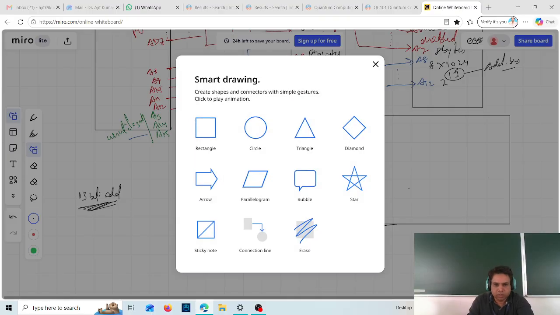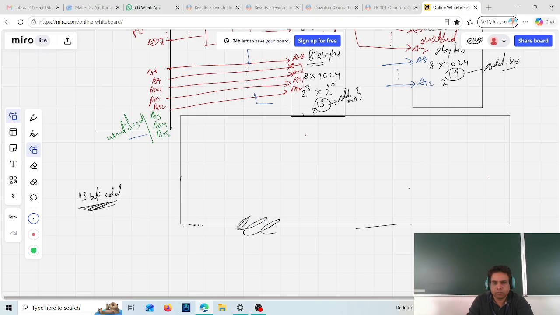Okay, this is eraser. Fine, no problem. Let this arrow box be there.